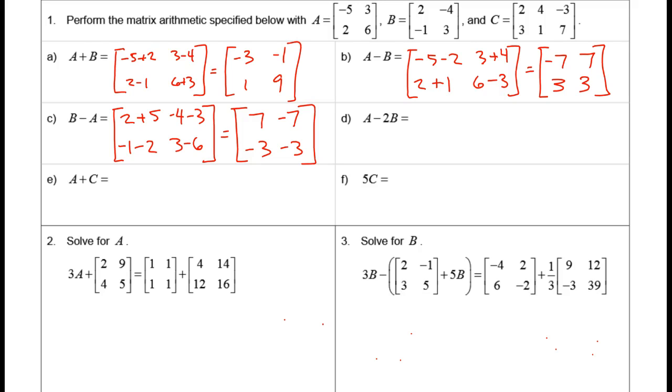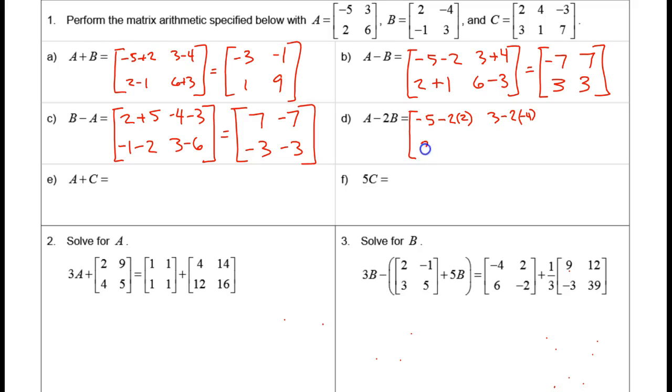Okay, so now we'll get into just a little more complexity here. We're going to do A minus 2 times B. So I have to multiply the matrix B by 2 before I do the subtraction. So I'm going to start in the upper left with -5, and then I have to do minus 2 times 2. In the upper right, I have 3 minus 2 times -4.